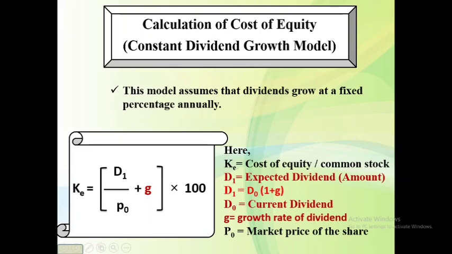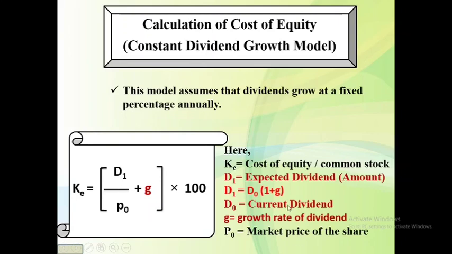It is important to note that the amount of dividend is not the same in every year under this model. So, if expected dividend is directly given in the question, then we can easily put the value of that expected dividend in the formula.